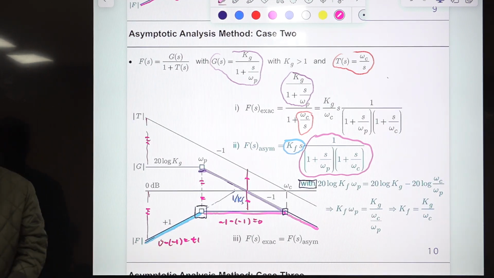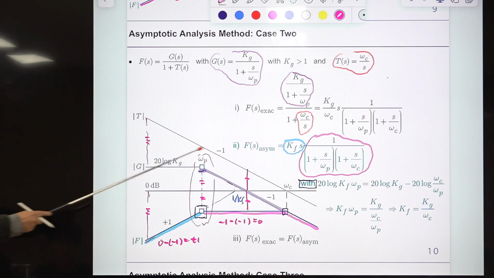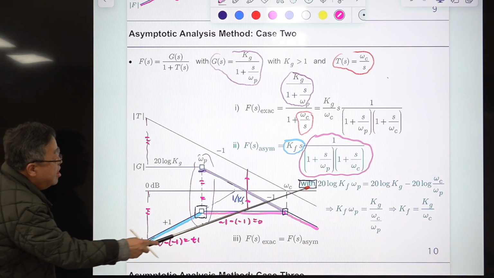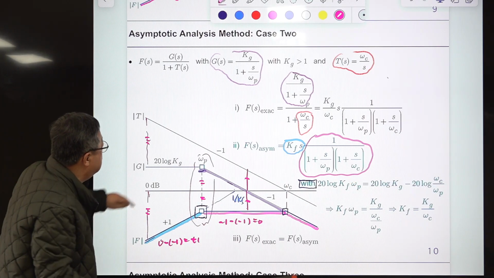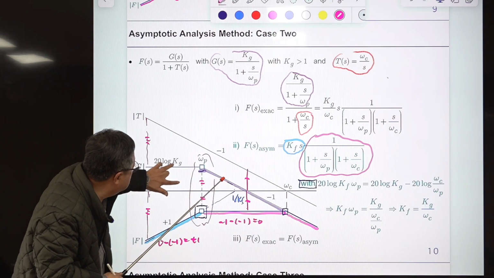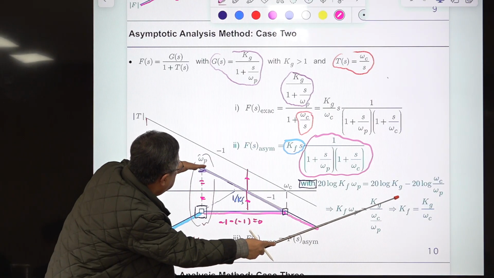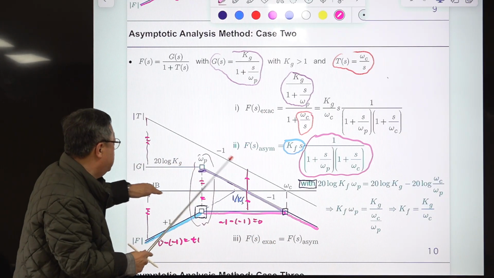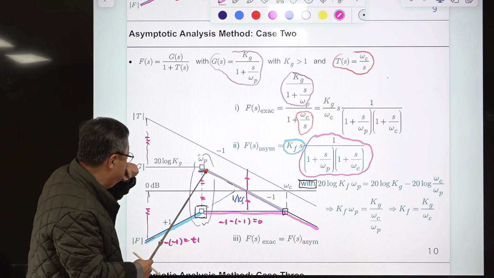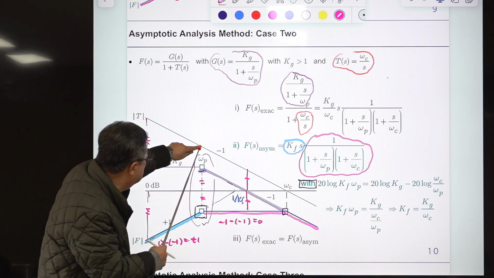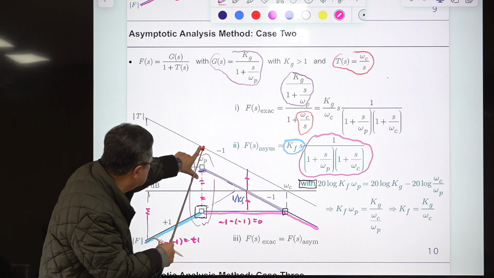To evaluate KF, you just take a look at this part. Just use this transfer function and evaluate at this frequency. At this frequency is the subtraction between this. This is what? This is kg. 20 log kg is here, and the subtraction of this much, okay, this much, all right.